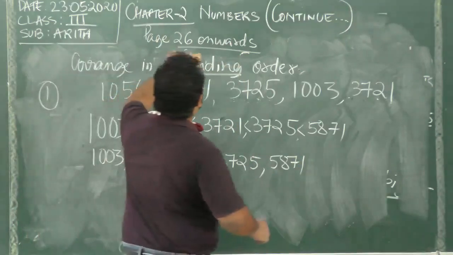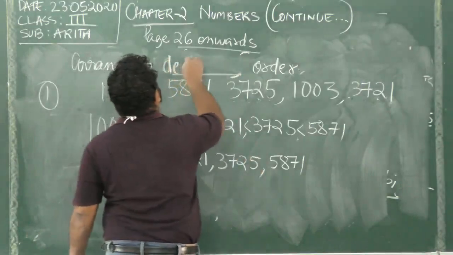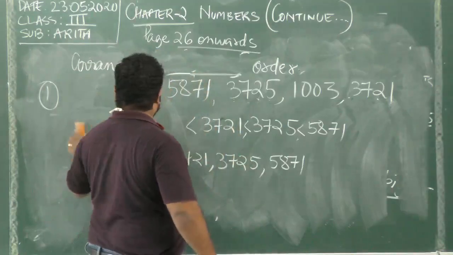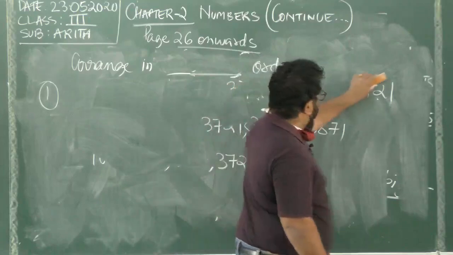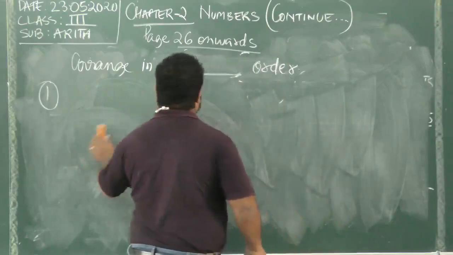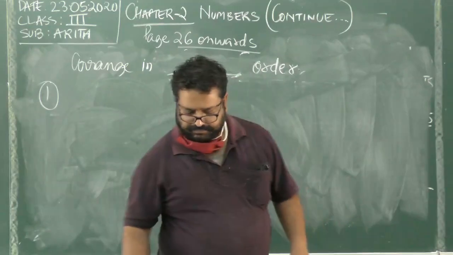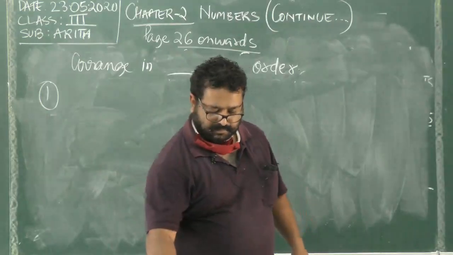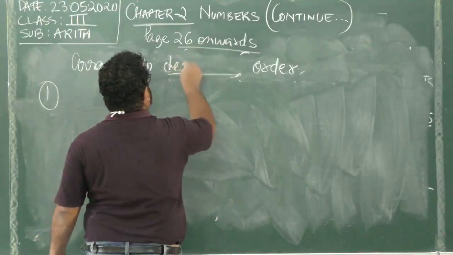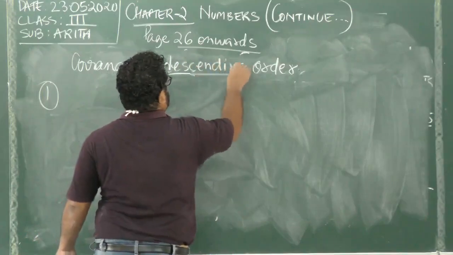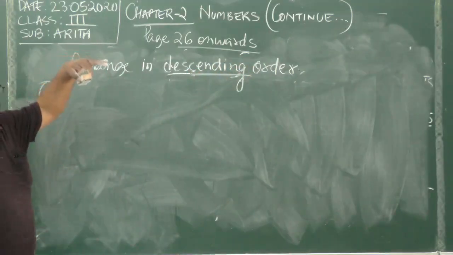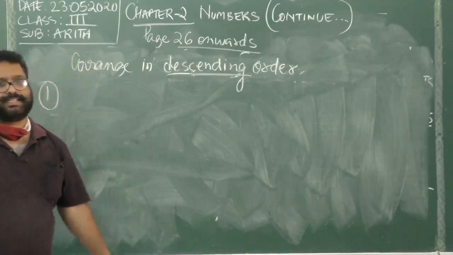Let's move on to the descending order. Descending from greater height to going down or the lesser height.